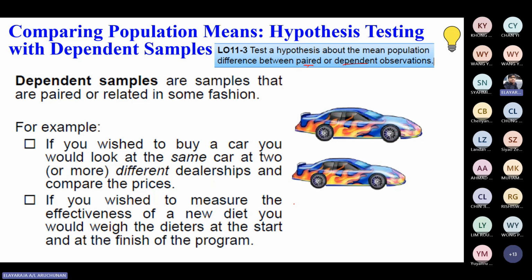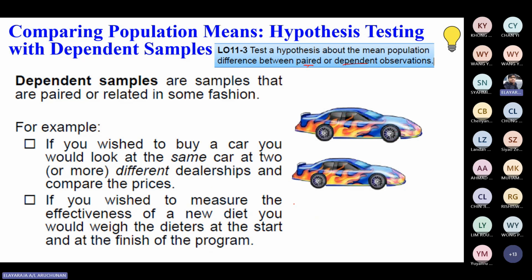Another example is your score in the business statistics subject before you do your revision and after you do your revision. That's also like a paired t-test. That's what we call dependent samples.